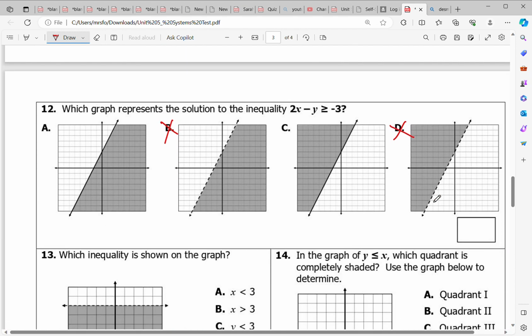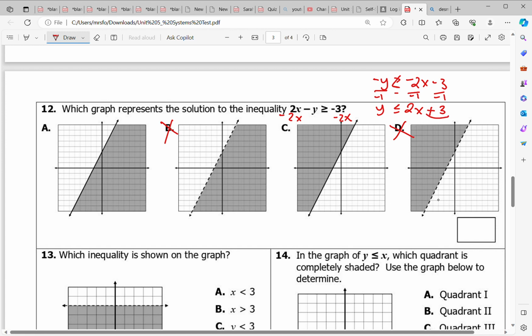For number 12, I said we could go ahead and remove B and D because they're dash lines, and we know with the "or equal to" that it's going to be a solid line. Now, we have to solve to get our answer, because remember with inequalities, if we multiply or divide by a negative, which we're doing right now, we flip the symbol. So y is less than or equal to 2x plus 3.